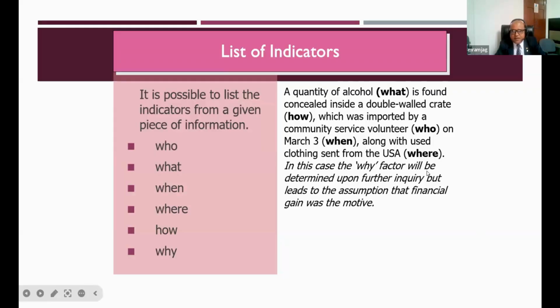So in that, you will see the risk indicators refer to the alcohol and how it was concealed. Then we have which was imported by a community service volunteer. Who imported this thing?